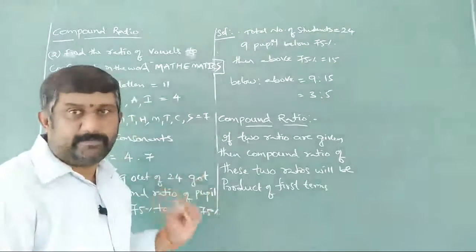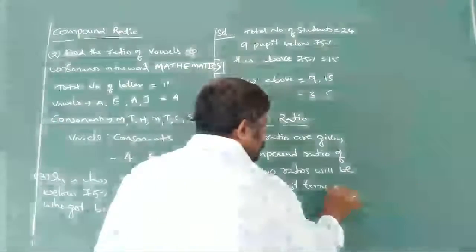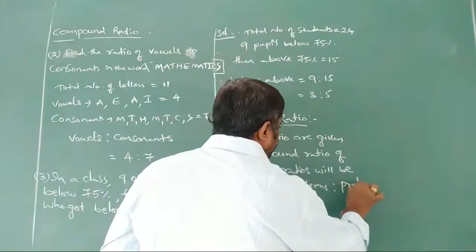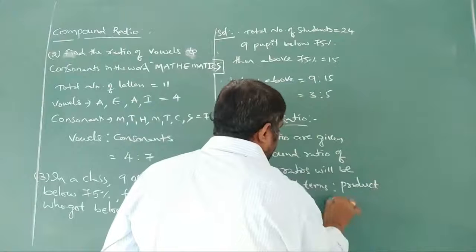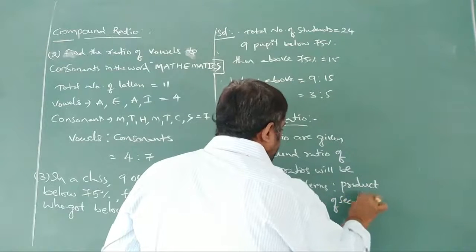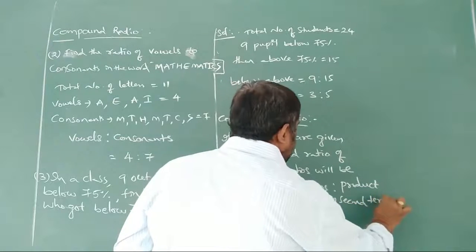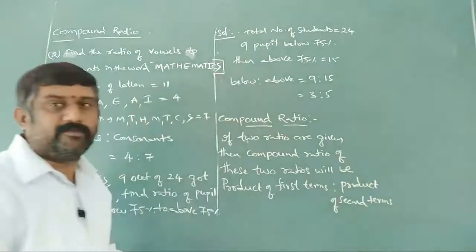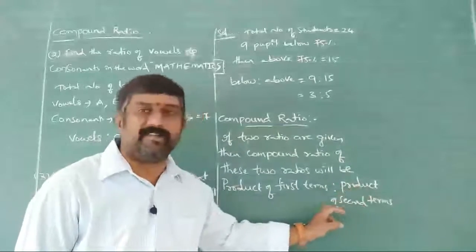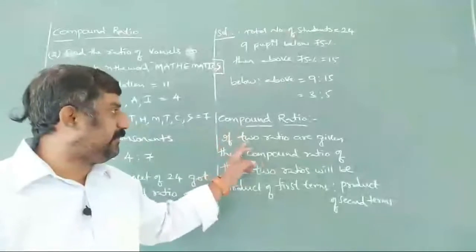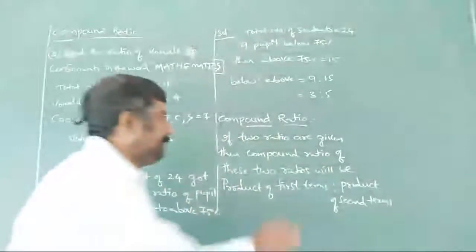Product of antecedents is to product of second terms. So product of first terms is to product of second terms is nothing but the compound ratio of the given two ratios.